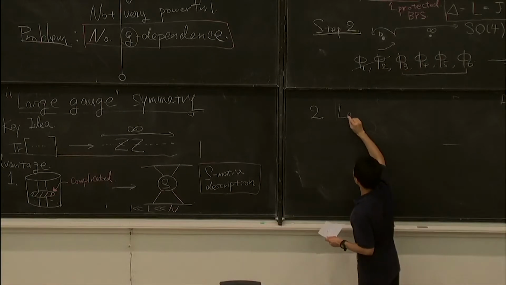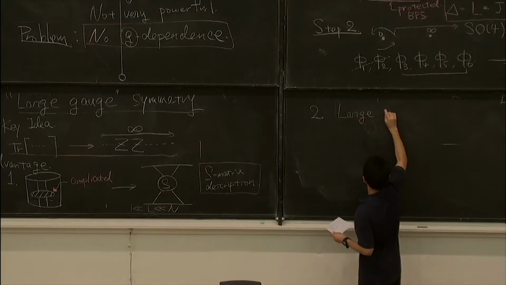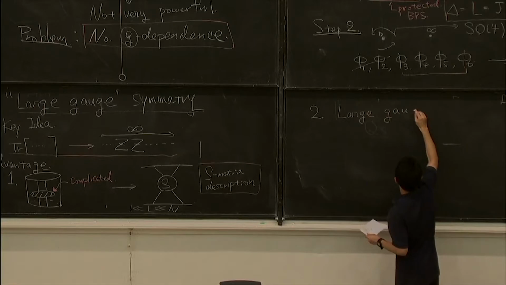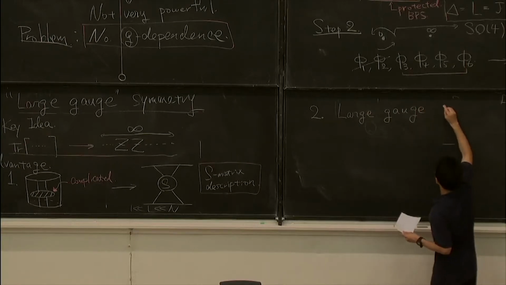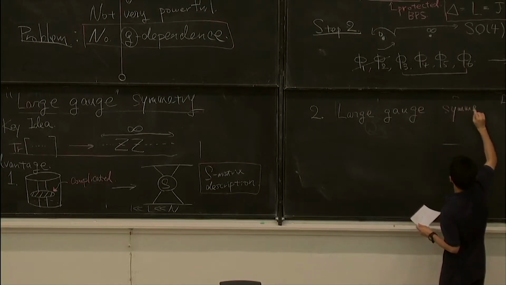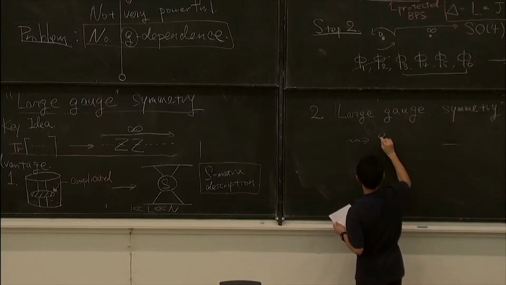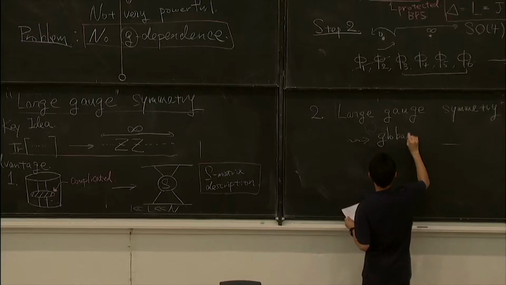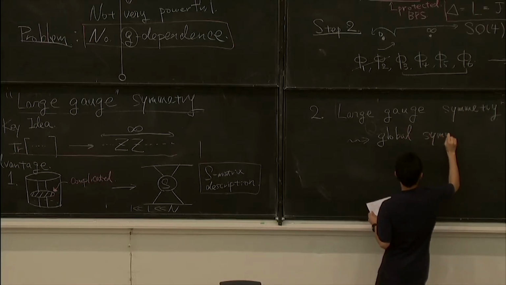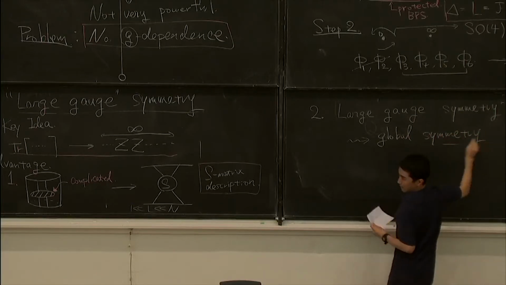So in particular, some of the gauge symmetry which doesn't die off at infinity, you should treat as the global symmetry. And this is what I'm going to talk about next.